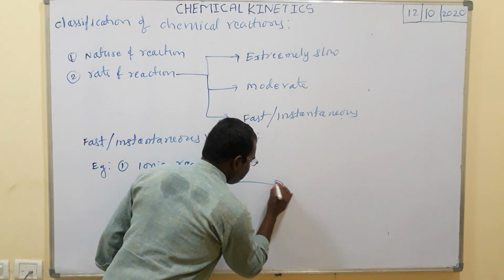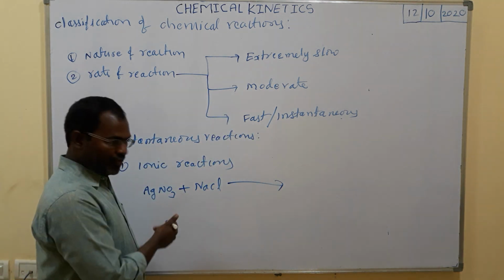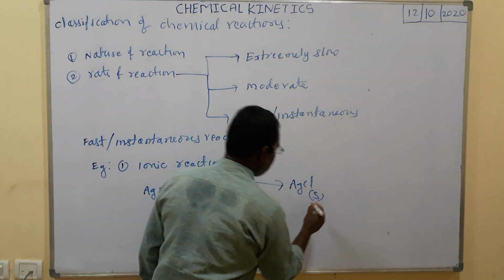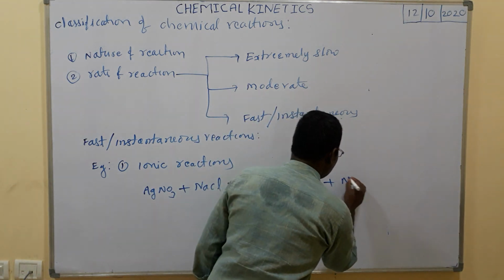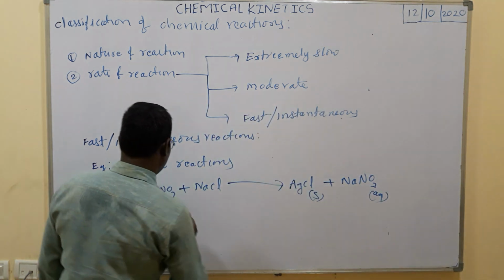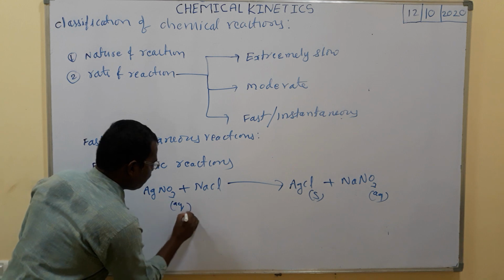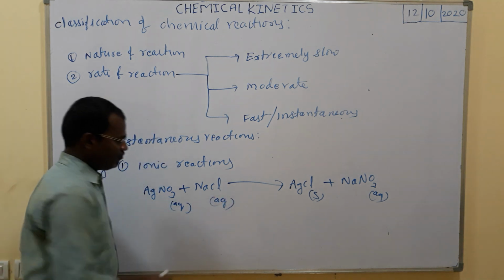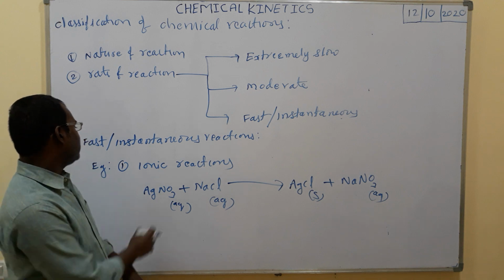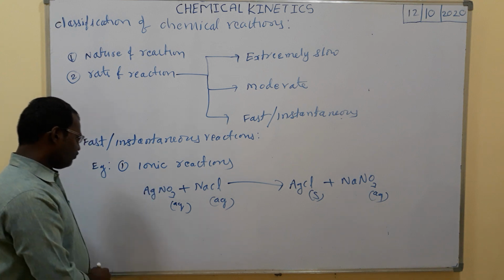On combining, we get silver chloride as a solid plus sodium nitrate in the aqueous phase. It is also in the aqueous phase, so it proceeds with a high rate. Hence it is a fast reaction.